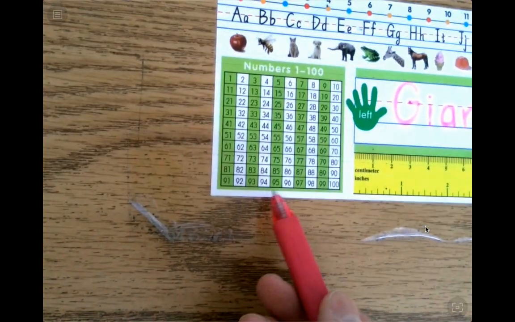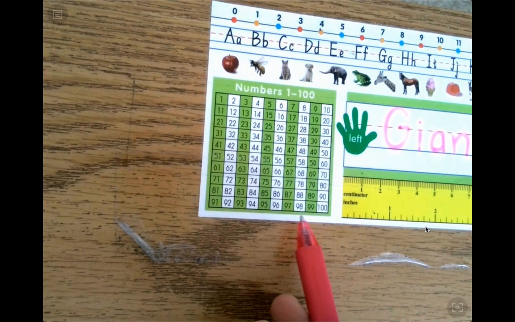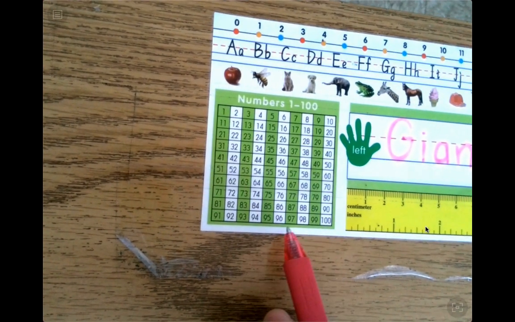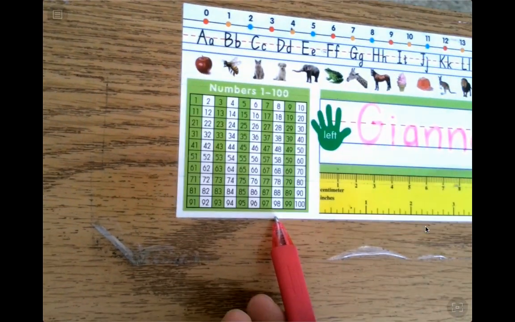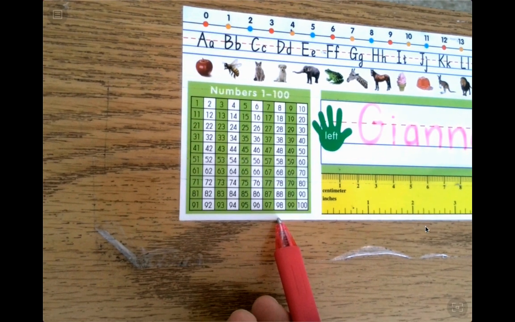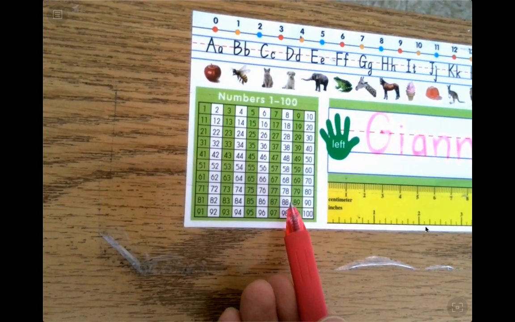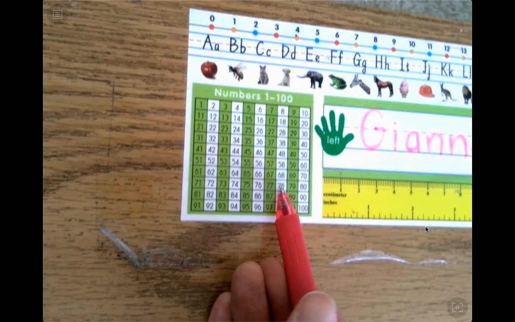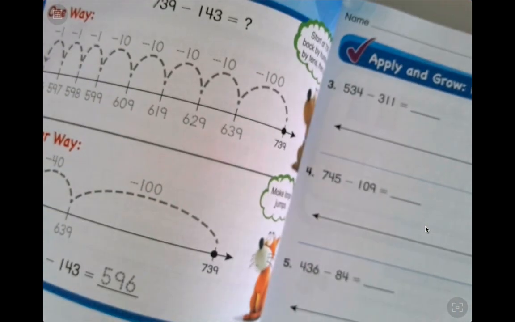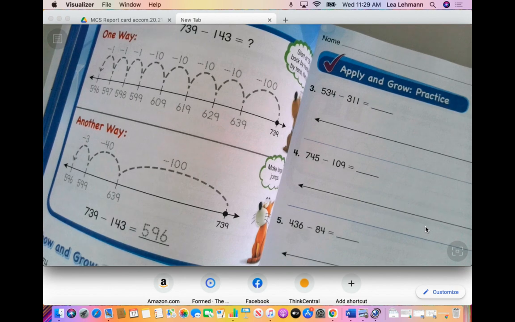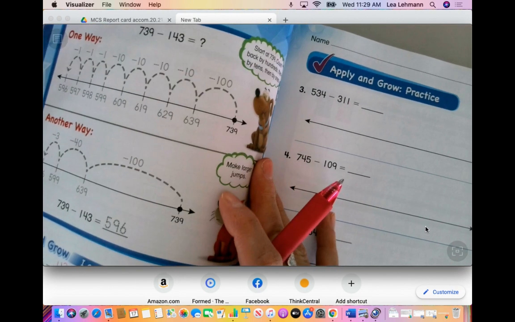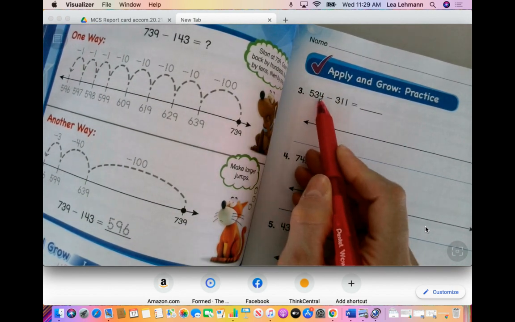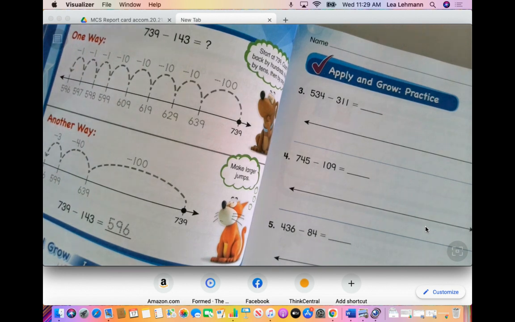So let's say I was at 8, like 108. Go back 10, 20, 30. That's how I got that. So I just would look at your hundreds chart or remember your hundreds chart. Okay? All right, go ahead and do number 3. 534 subtract 311.